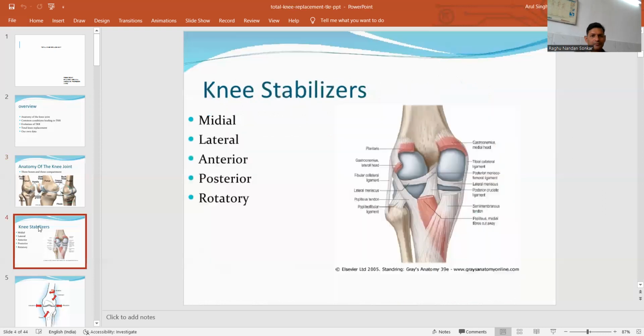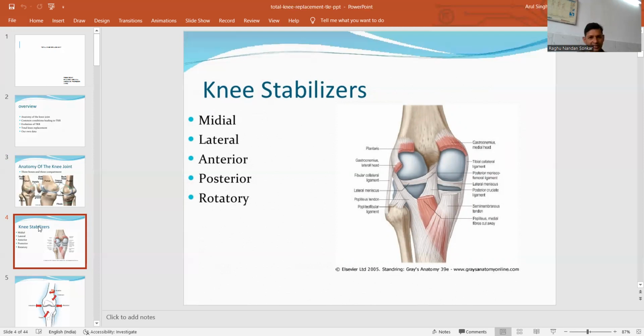So, knee stabilizers. The knee can be stabilized via medial structures, lateral structures, anterior, posterior, and rotatory. Anterior structures include the ACL, posterior structures include the PCL, posterior cruciate ligament, medial collateral, lateral collateral.